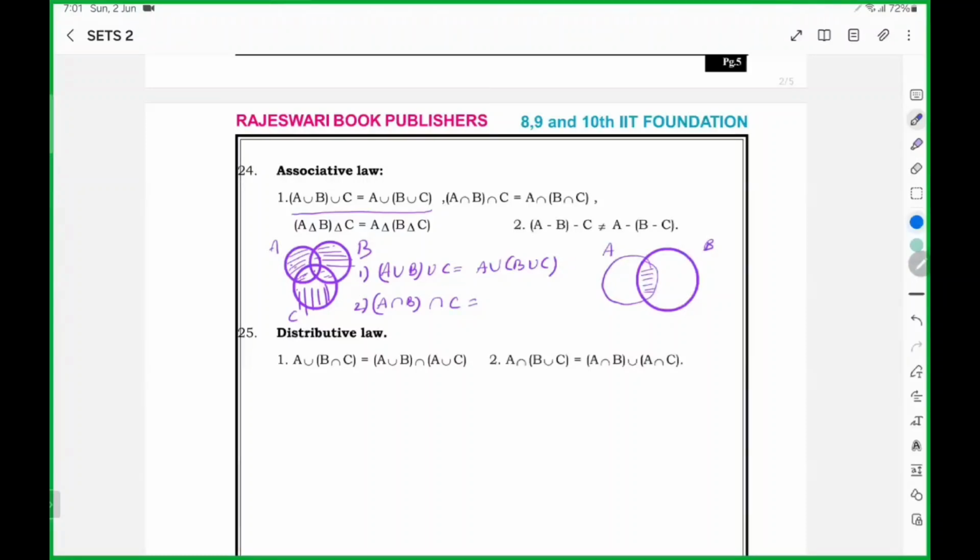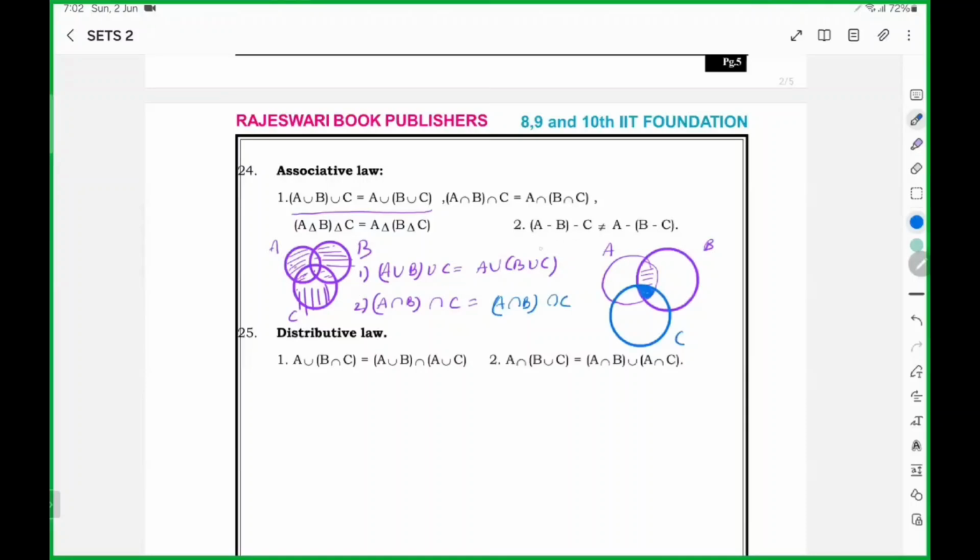Intersection with C. So the common part of all three sets will be this. Whatever order you take, A intersection B intersection C, finally it is this common part, right?